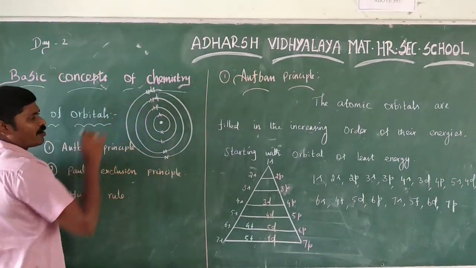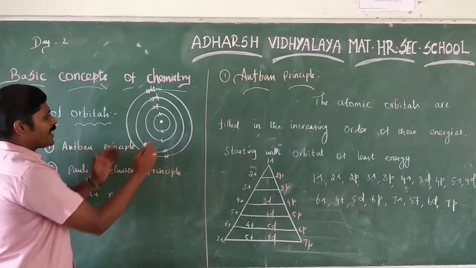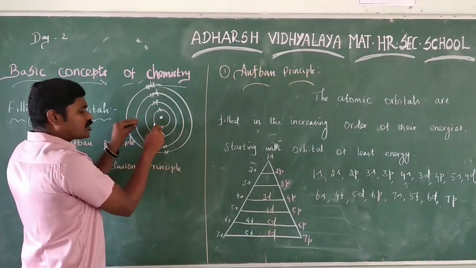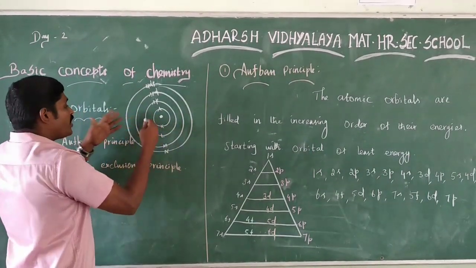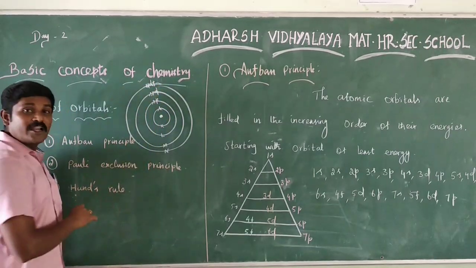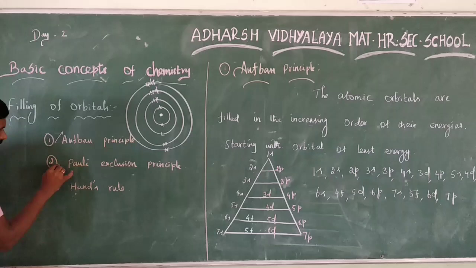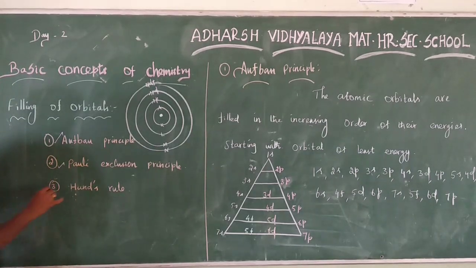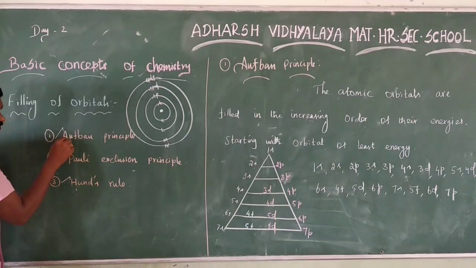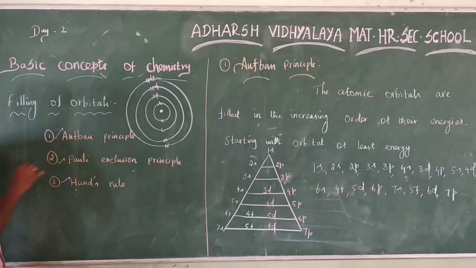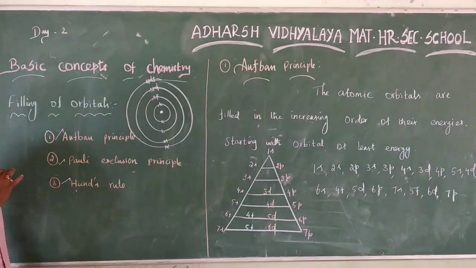Electron filling of orbitals: in an atom, the electrons are filled in the various orbitals according to the Aufbau principle, Pauli exclusion principle, and Hund's rule.